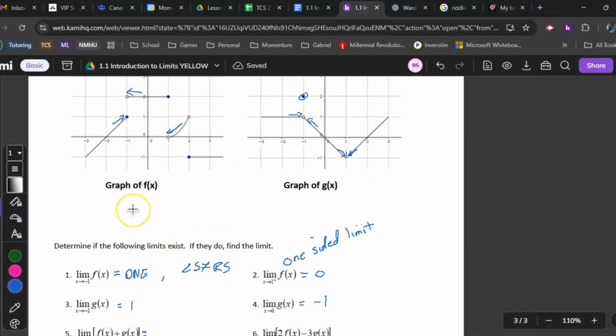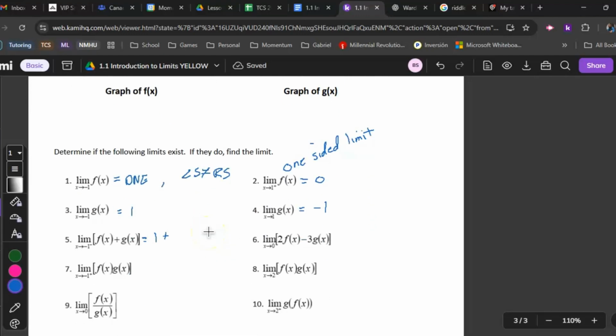So if we look at f of x, from the left, that's this side, we approach what from this side? 1. So that's going to be 1, and we're going to add whatever we get for g of x. For g of x, as we approach -1, what do we get from the left? 1. We approach 1 as well. So all this one means is that it's going to be quite literally 1 + 1, or 2.